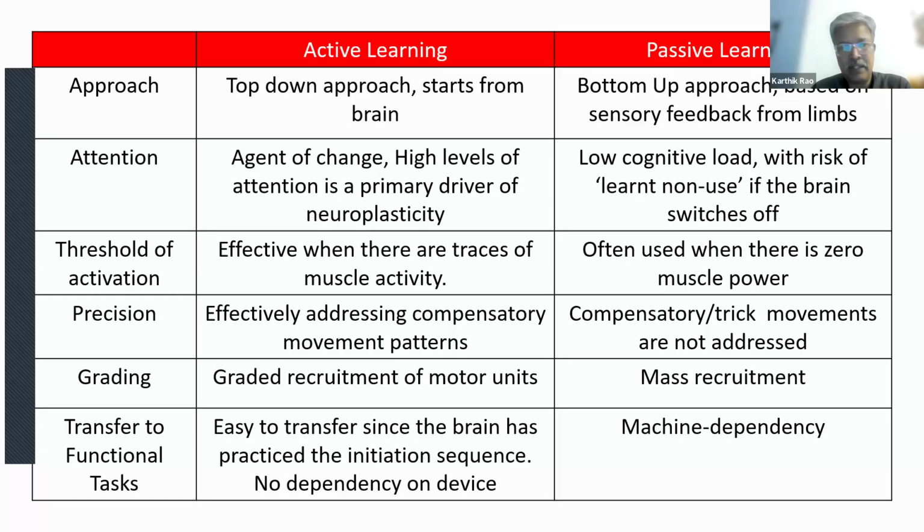So it becomes easy for the brain to transfer to a functional task, and there is no dependency on the device here because the brain is the initiator and not the device. And many times we see with passive learning that there's a machine dependency. As long as the patient is on the particular device, they're able to move around, and it looks like they're learning a new skill. The moment that device is withdrawn, you can clearly see the difference between night and day.